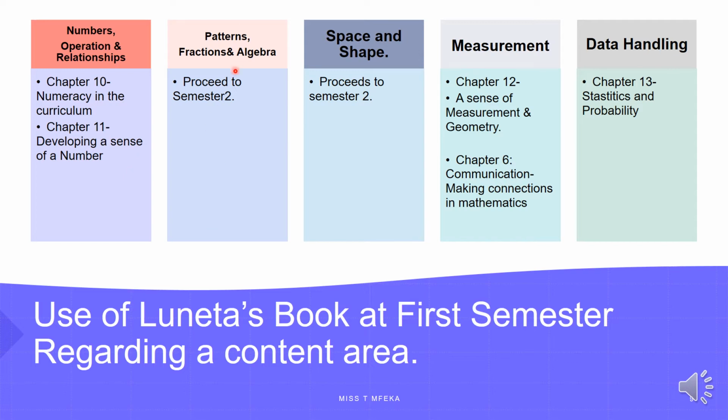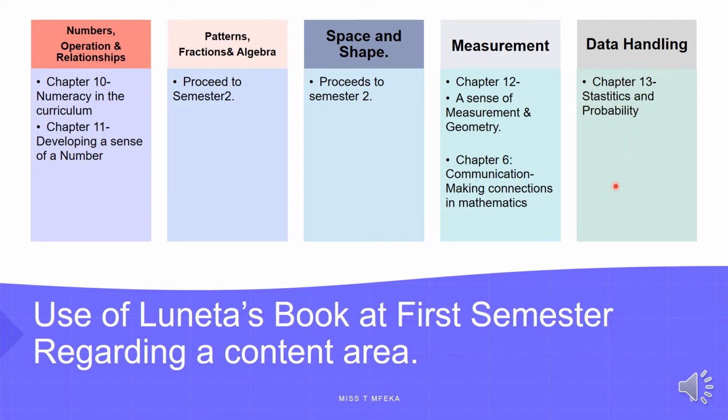These two would be covered in semester 2. And for measurements, Luneta chapter 12 will teach you a sense of measurements and geometry, and chapter 6, communications, making connections in mathematics. That's when we use literature to teach mathematics. And data handling is just basic, just learning the definition of stats and probability in chapter 13.